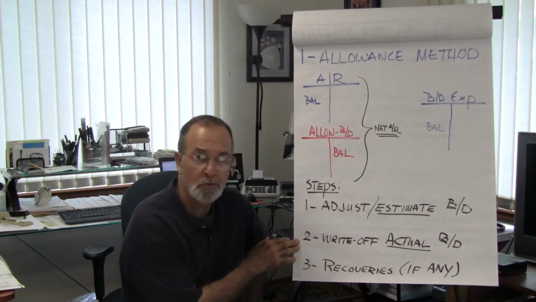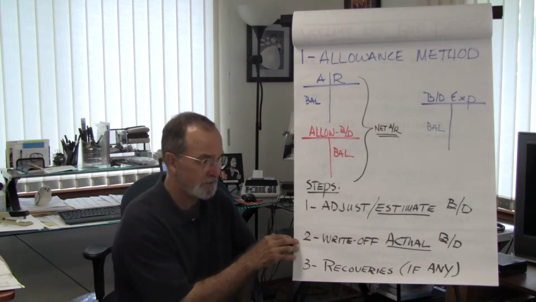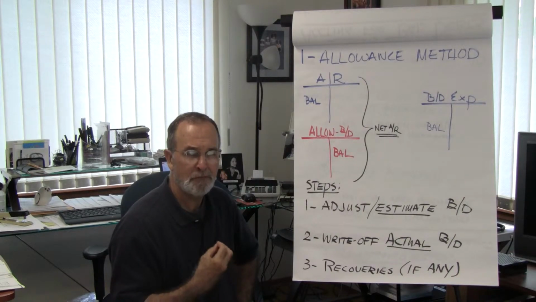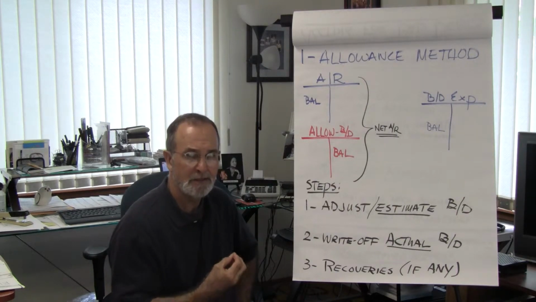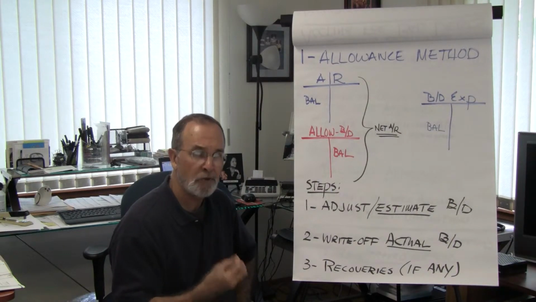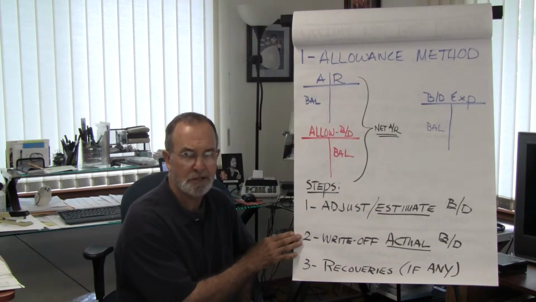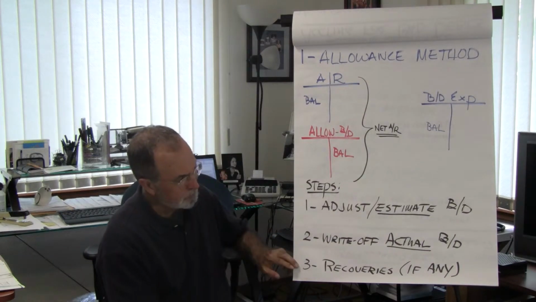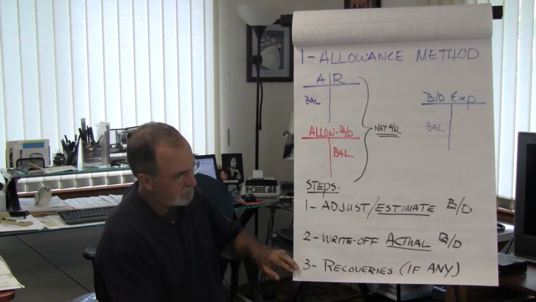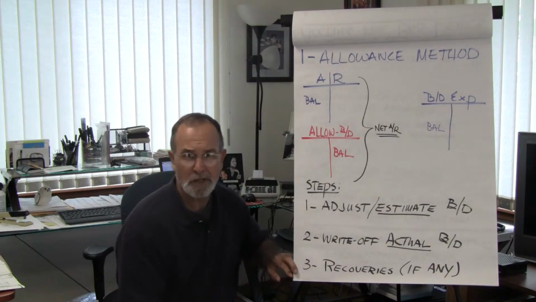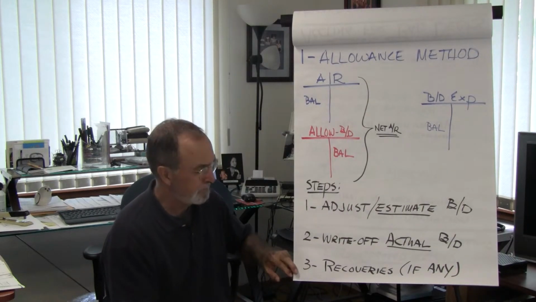In step 2, for whatever reasons, whatever factors are made available to us, we have come to the conclusion that we will not collect on an account, and so we will actually write off a specific account in step 2. And then step 3 may or may not happen. Of course, anytime we have write-offs, that doesn't mean we forget about those accounts written off.